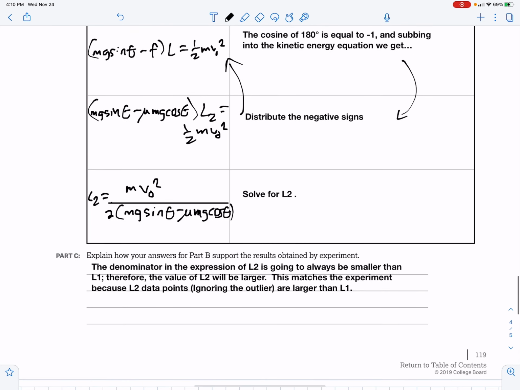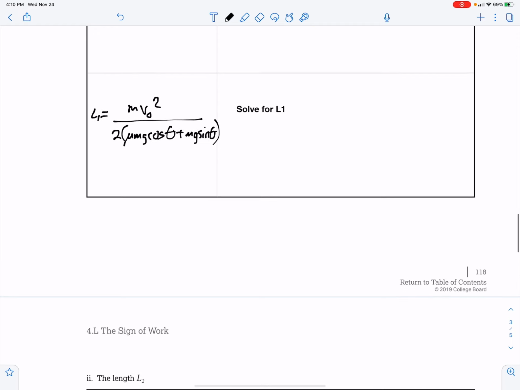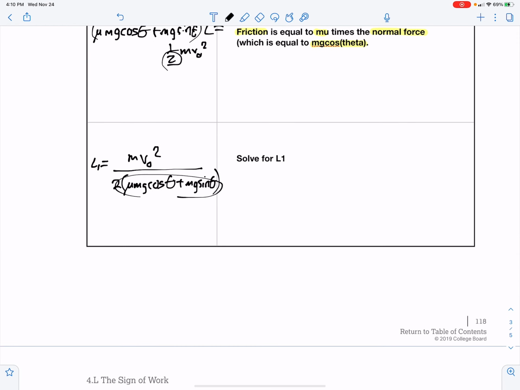Now in part C, it says explain how your answers in part B support your experimental determination. Here's what's going on. Mathematically, when you're subtracting terms, your denominator is going to be lower, which means the overall length is going to be greater. Whereas when you're adding two terms, your denominator is going to be greater.